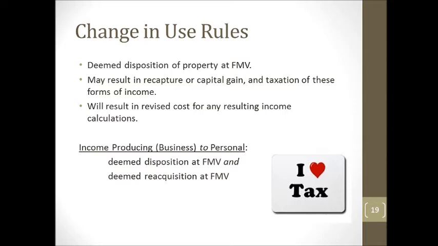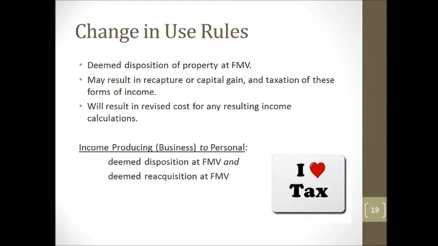The first scenario is where an income producing asset is converted to personal use. So it was used for, let's say, the taxpayer's business, and now it's converted into personal use. The fair market value is deemed to be the proceeds of disposition from the business perspective and also the capital cost of the acquired asset for personal use.